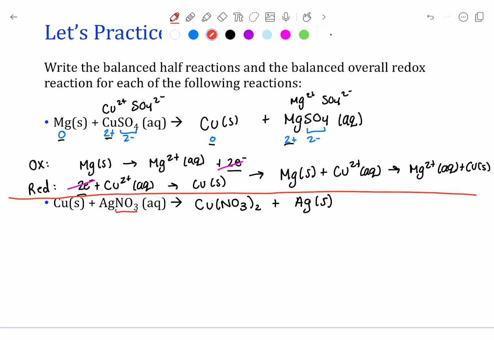Keep NO3 as itself. It is going to be our spectator, so it's not going to matter what its oxidation numbers are. They're unchanging. Figure out your oxidation numbers, see how things are changing in order to help you determine what's being oxidized and what's being reduced, and then write out those half reactions and try balancing them out with electrons.